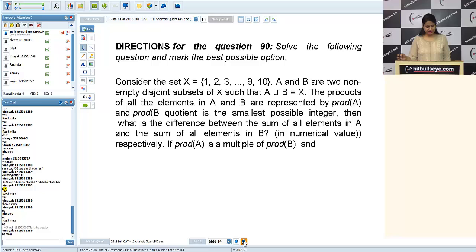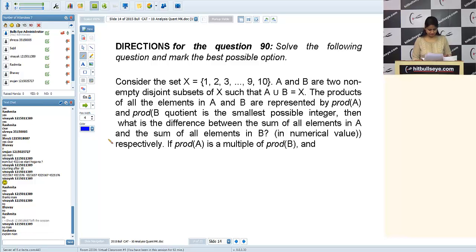Question number 90. We are getting many answers for this. Rashmita, it says that A union B should be equal to X and they should be disjoint subsets.